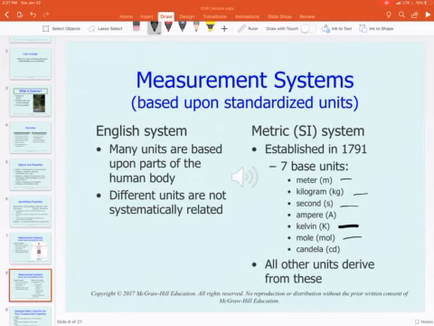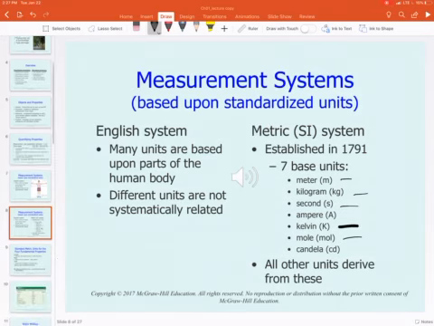I have put a separate video of the metric scale on D2L, so I encourage you after this slide to go to that video and copy down everything that I write as if you were taking notes in class.